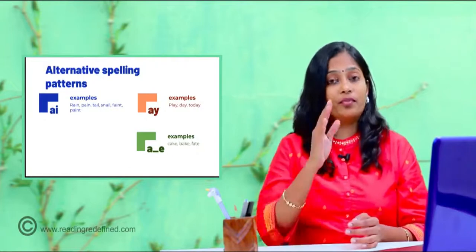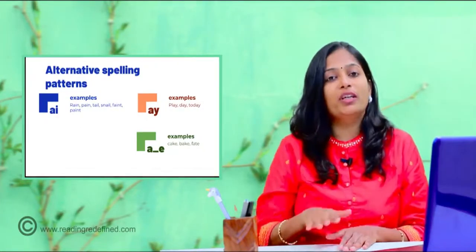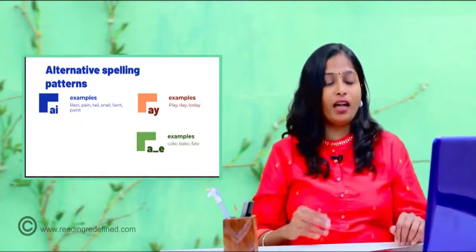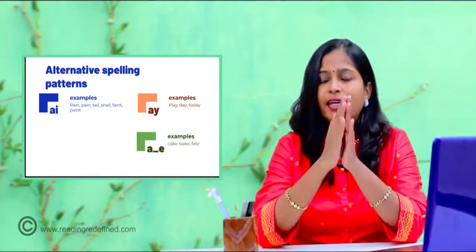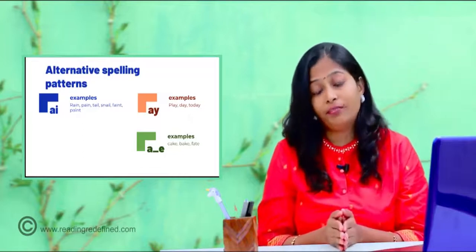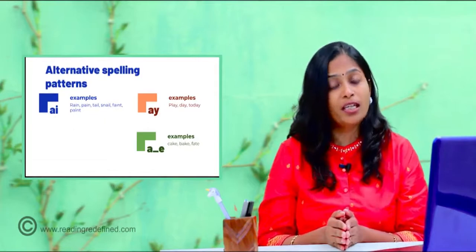But as I will not stand at the end and Y will replace, we use a Y instead of AI. Wherever we have AI in the beginning or in the middle of the word, we'll be using AI. Wherever we have the A sound at the end of the word, we'll be using AY.